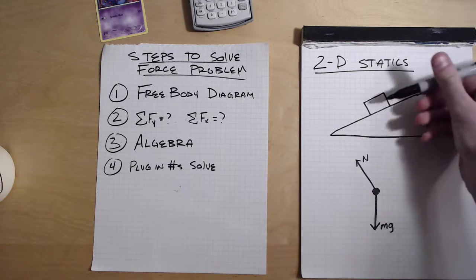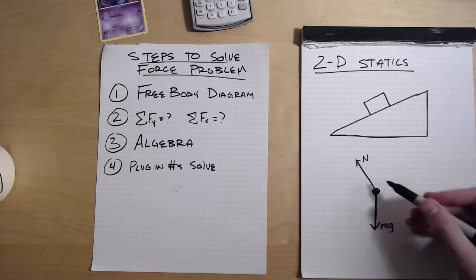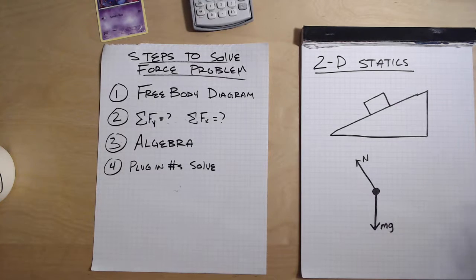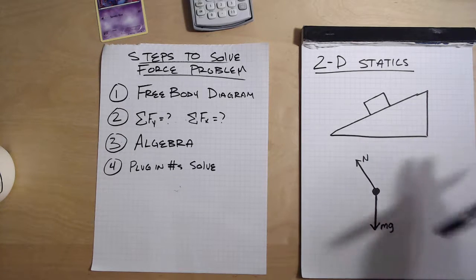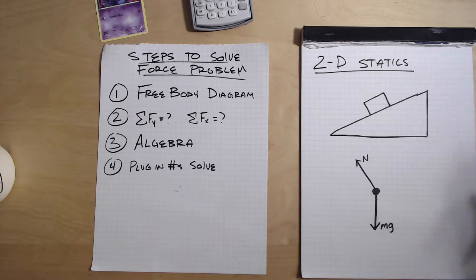Well, naturally the box would be sliding down the incline. And we learned last time that was because it was the component of the weight force pulling it down the incline. Okay? But now it's sitting still. So what is the force that's opposing the motion? What is holding it up? Well, I've already kind of said it, but the force that's holding it up is friction.